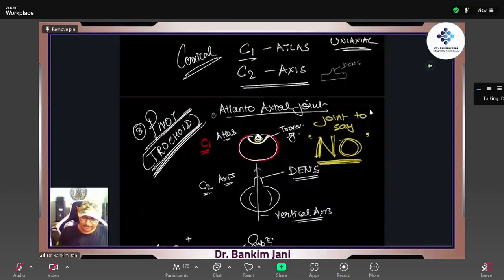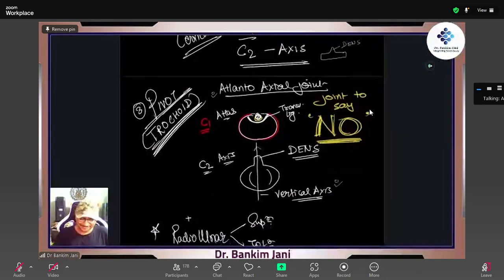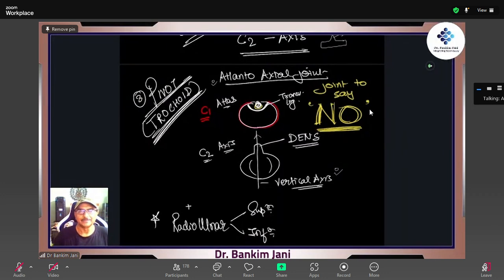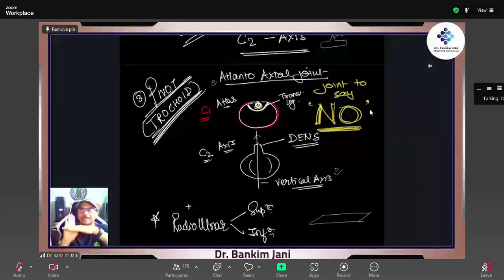Oh, it was already written here. Sir. Yes, say. No, won't it be the horizontal axis? No. How can it be horizontal? That is the horizontal plane. If this is the plane, then the movement would be like this.